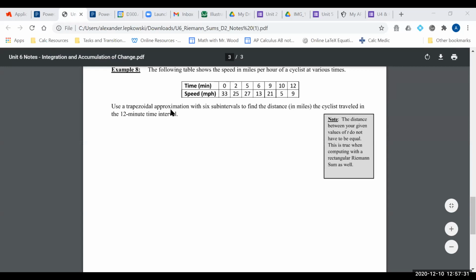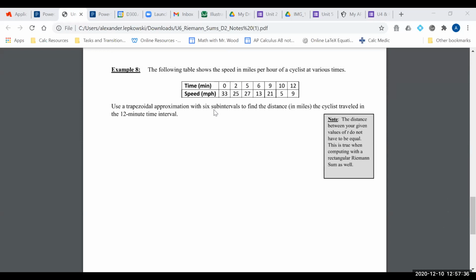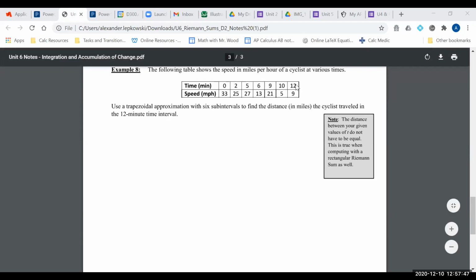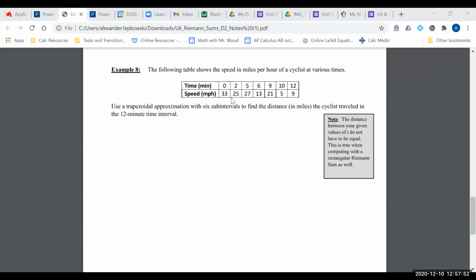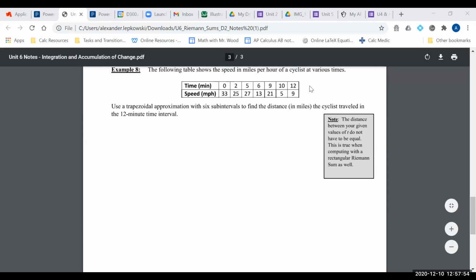If we're doing a trapezoid with 6 subintervals, we're not going to be able to do equal bases again. In order to do 6 equal subintervals, we would have to be able to go from 0 to 12 evenly 6 times, which we cannot using table values. So 0 to 12, 6 equal pieces is 2. We'd have to go 0 to 2, 2 to 4, 4 to 6, 6 to 8, 8 to 10, 10 to 12. So we could do some of those, but not all of those.